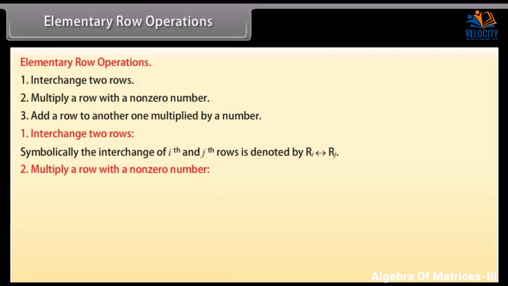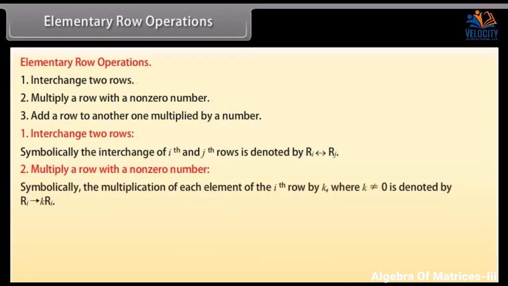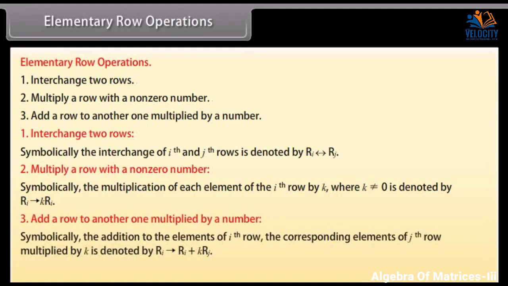Multiply a row with a non-zero number. Symbolically, the multiplication of each element of ith row by k, where k is not equal to 0, is denoted as given below. Add a row to another one multiplied by a number. Symbolically, the addition to the elements of ith row, the corresponding elements of jth row multiplied by k, is denoted as given below.